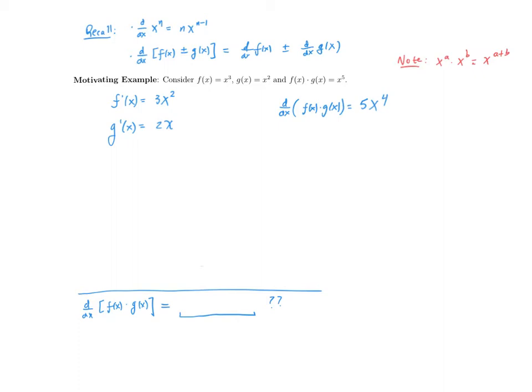And all I want us to do is just make a very simple observation. The derivative of f times g is not f prime times g prime.